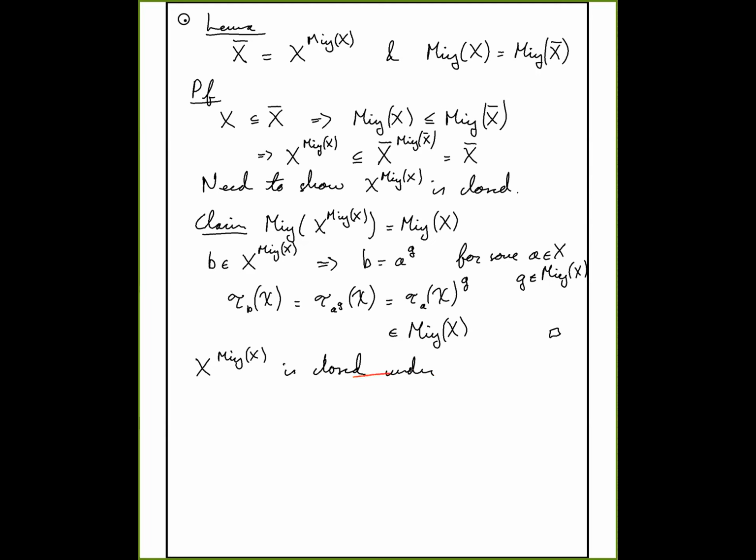Sorry, what I want to say is this is closed under the Miyamoto group of X because I've already considered its orbit under that, but what I've just shown here is that this group is actually equal to that one.